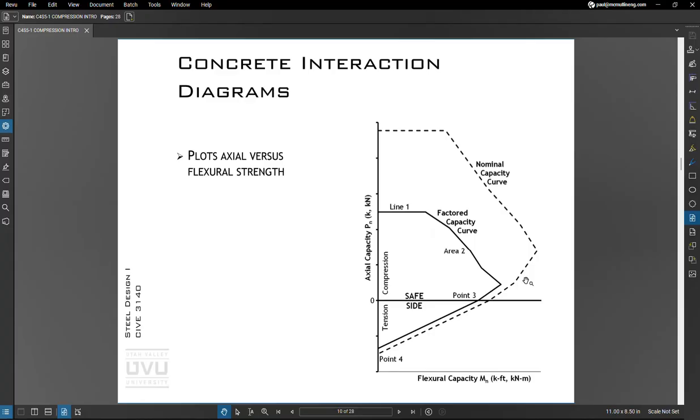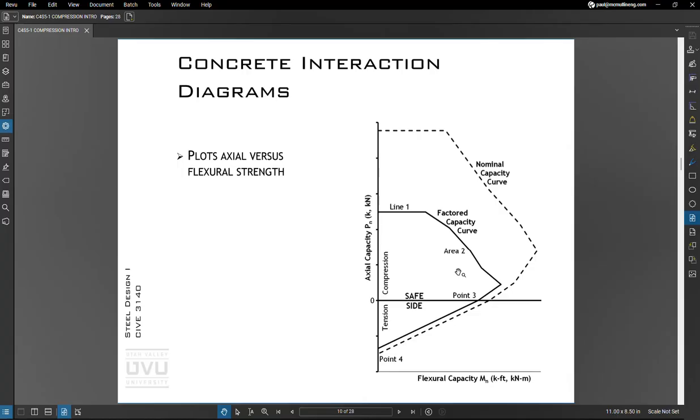Okay, so looking at concrete design for concrete columns, we basically create what's called an interaction diagram. We have two curves here. One's the nominal curve, and one is the factored curve. This curve in the dark line has the safety factor applied to it.